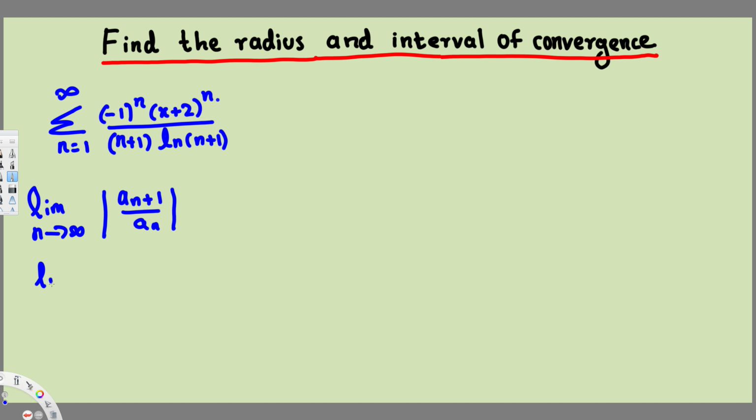And when I take the limit as n approaches infinity, if this comes in absolute value, this negative one will not appear because it's going to be plus 1, right? So negative 1 power n plus 1 is going to be just 1, so we can eliminate this and write only this one. So this is going to be (x plus 2) power n.